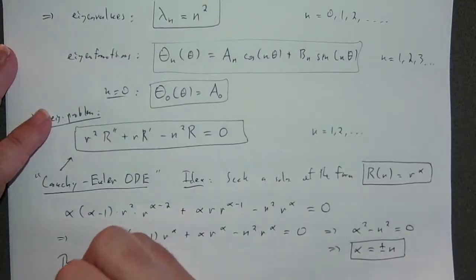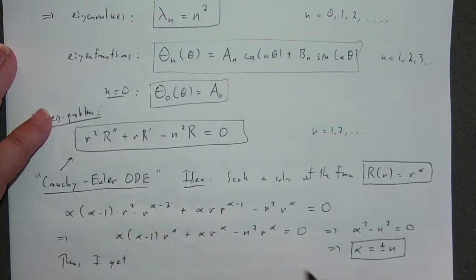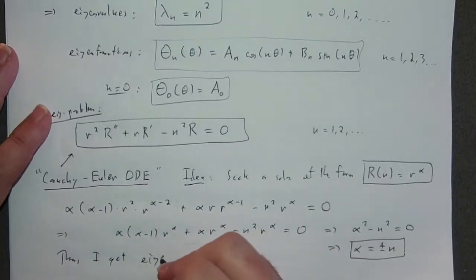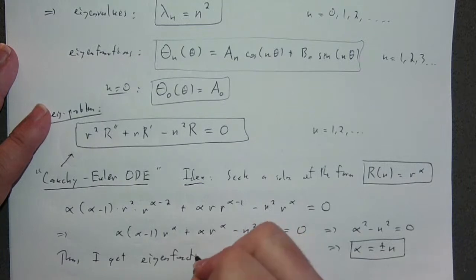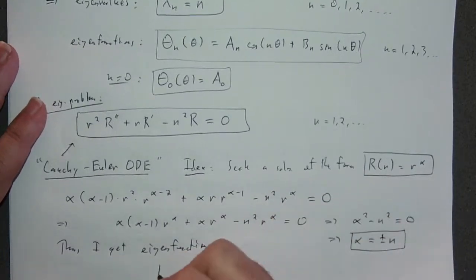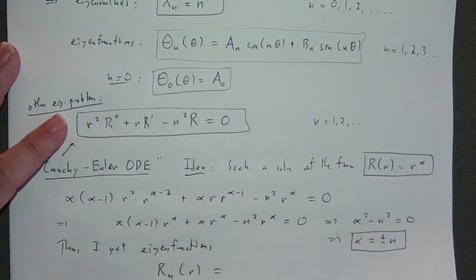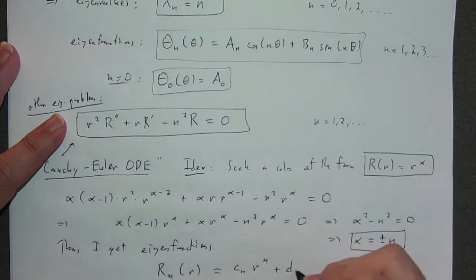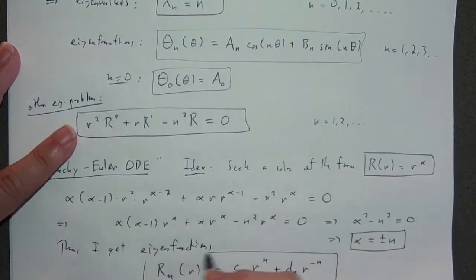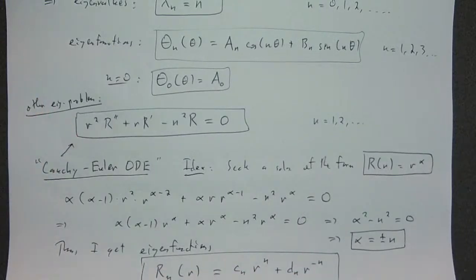Thus, I get eigenfunctions r sub n of r of the form c sub n r to the n plus d sub n r to the minus n. And you can check that each of those will solve this ODE here.